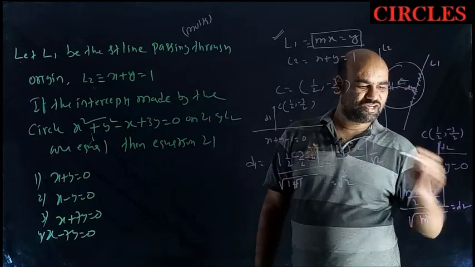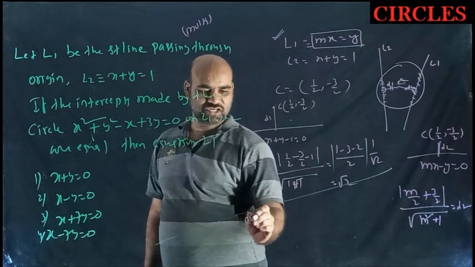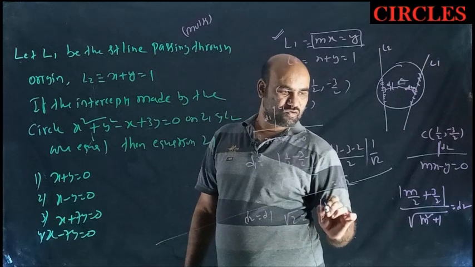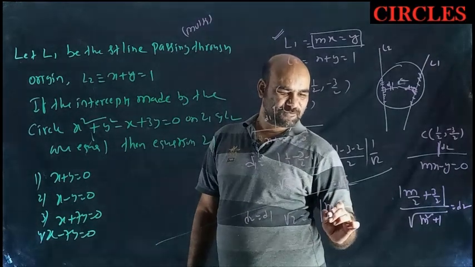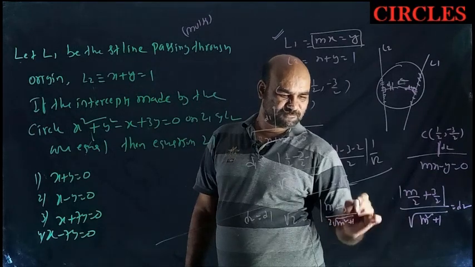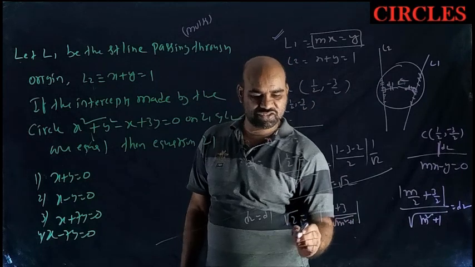This is equal to D2, and D2 should be equal to D1. So root 2 should be equal to mod of m by 2 plus 3 by 2 by root over m square plus 1. Squaring, 2 root 2 means 8.